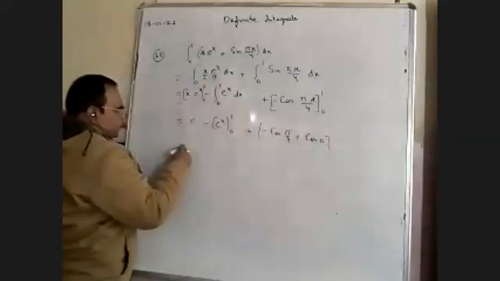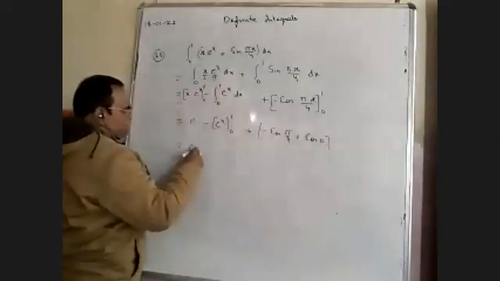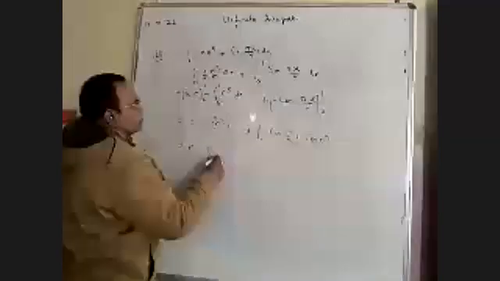It is e minus, it is also e to the power 0. Then cos pi by 4 gives 1 upon root 2 or cos 0 is equal to 1. Answer is 2 minus 1 upon root 2.